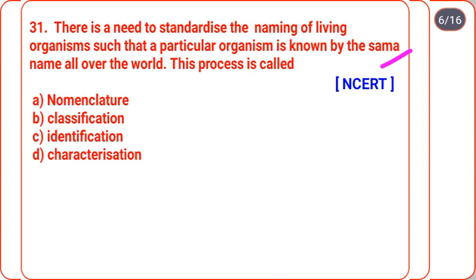Further repeat, there is a need to standardize the naming of living organisms such that a particular organism is known by the same name all over the world. Naming is given here, so it will also be nomenclature. It is the same definition of nomenclature. Okay, remember it.